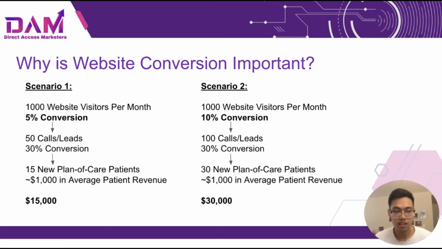So with a 10% conversion rate, that which you've gotten from optimizing your website, again, this is a conservative conversion rate, usually we see more than that, you'll get 100 calls from the same 1,000 visitors. And with the same 30% call to new patient conversion rate, you'll see 30 new plans of care, leading to $30,000 in the end.